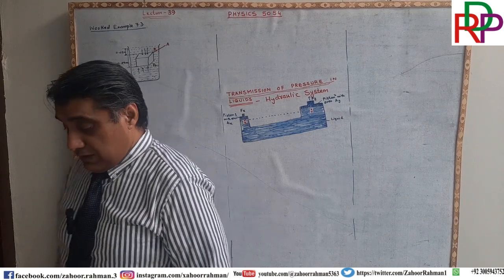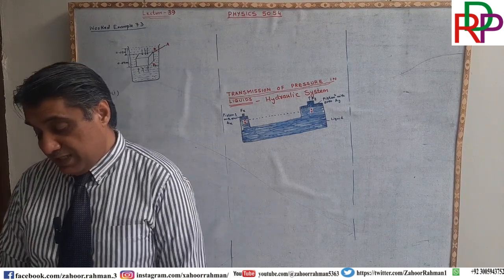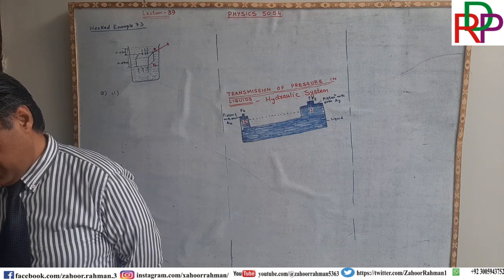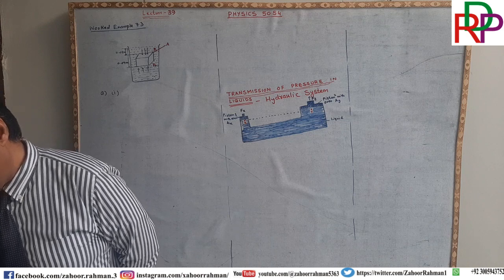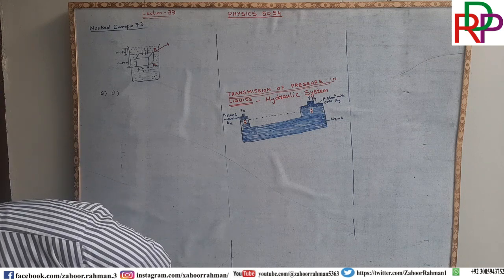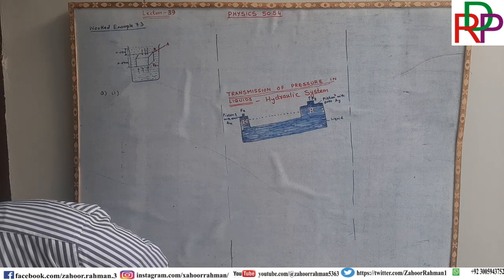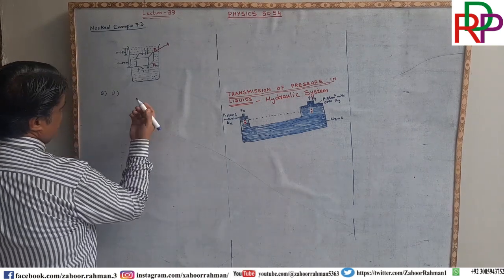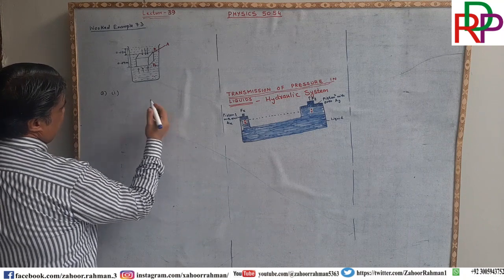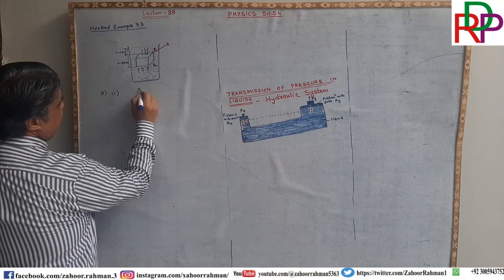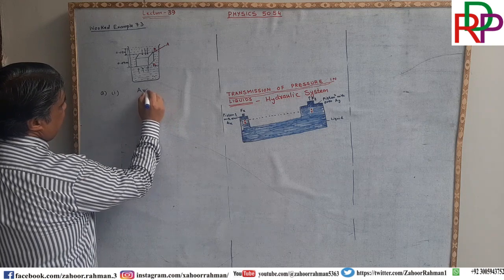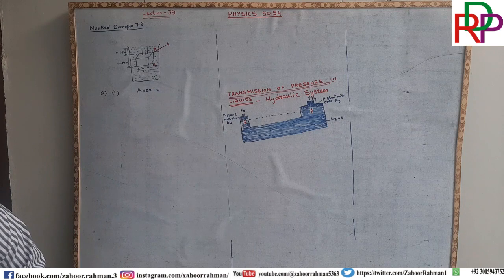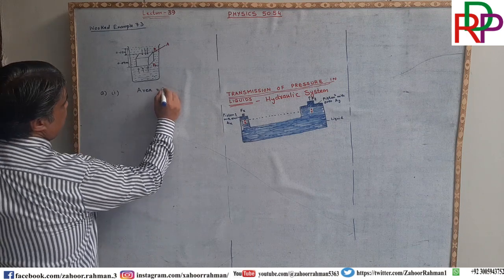102. Ladies and gentlemen, it is saying that a rectangular block of cross-sectional area A of 25 centimeter square. So let us write the data. In the first part, it is not needed, but we are writing it: area, and that is 25 centimeter square.